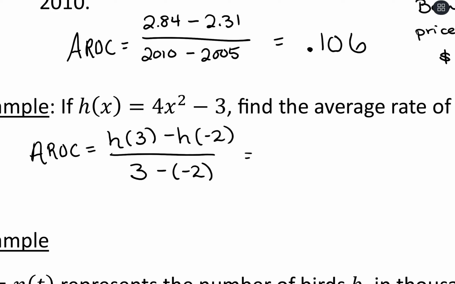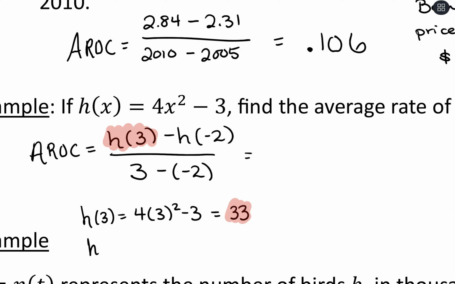Now, if you want, you could calculate these separately. So like I could go looking for h of 3 by going 4 times 3 squared minus 3. So 4 times 9 is 36, minus 3 is 33. So now I know I can substitute 33 for h of 3.